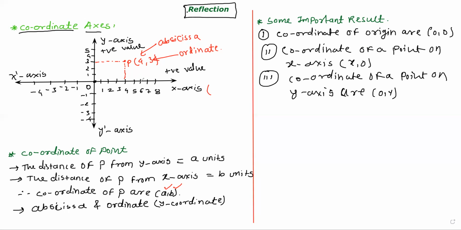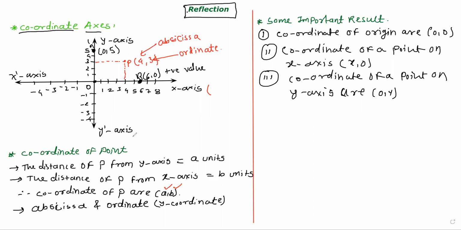So if I consider this point, it can be represented as 6 comma 0, and if I consider this point, it can be represented as 0 comma 5.